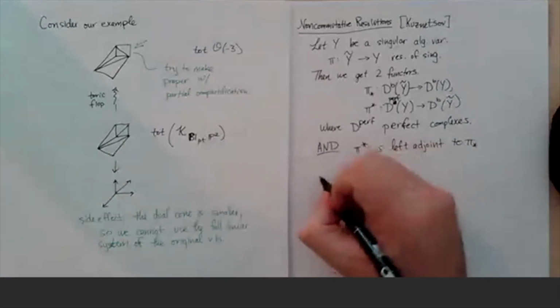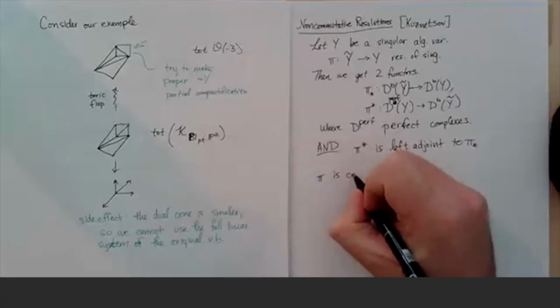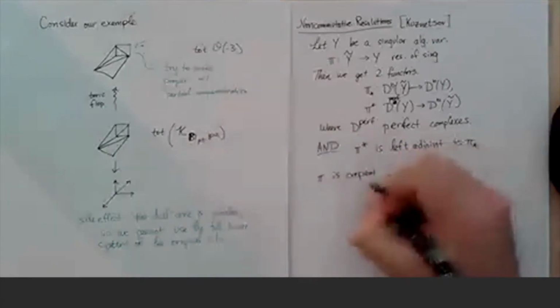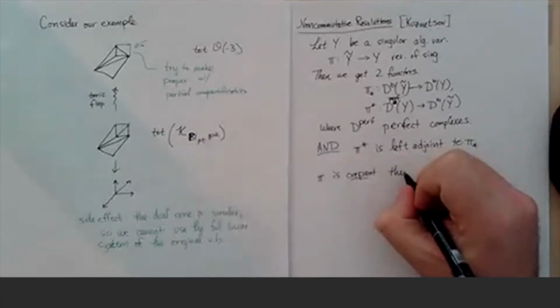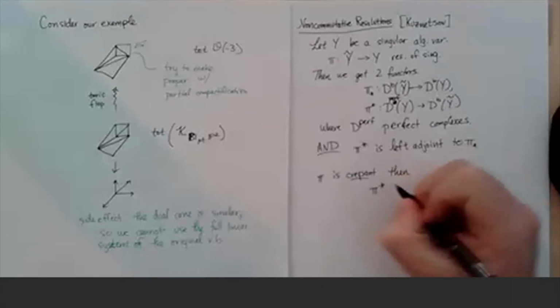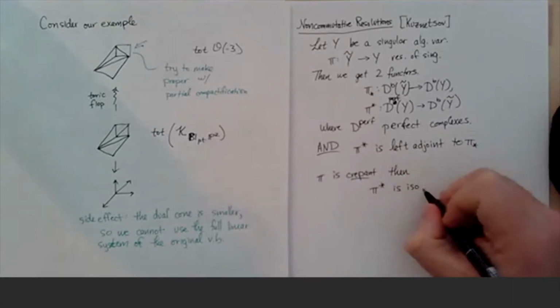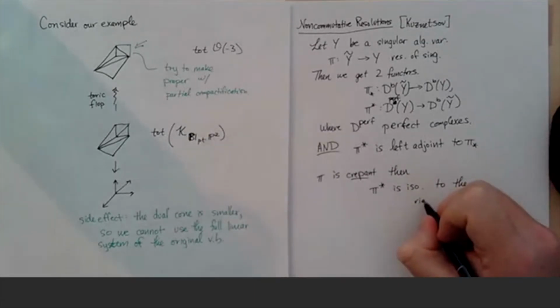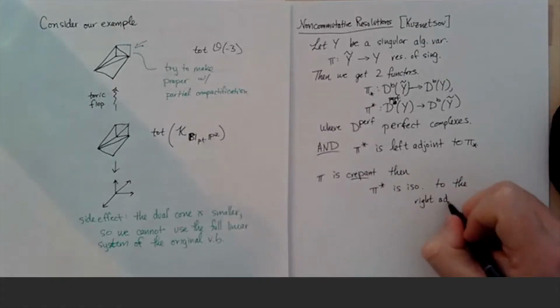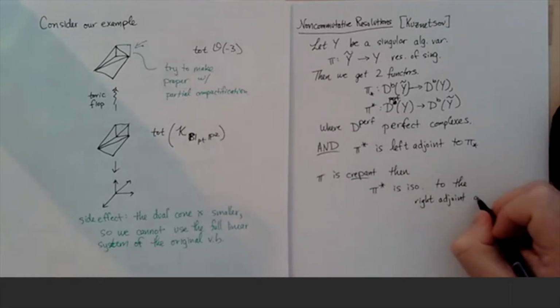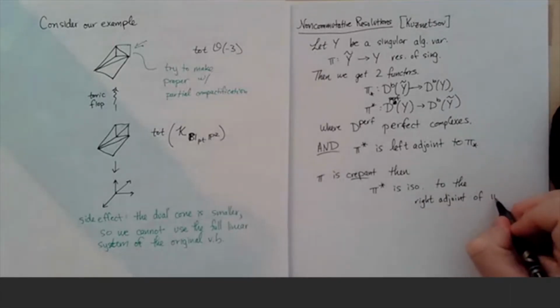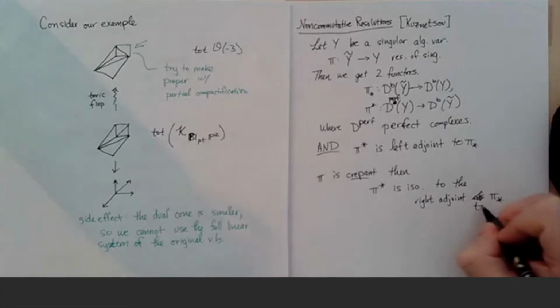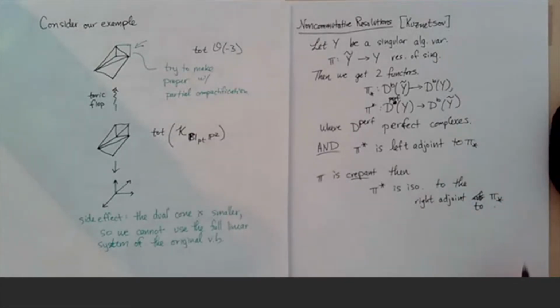Now, moreover, if pi is crepant, then the derived pullback is isomorphic to the right adjoint of pi, the derived push forward.